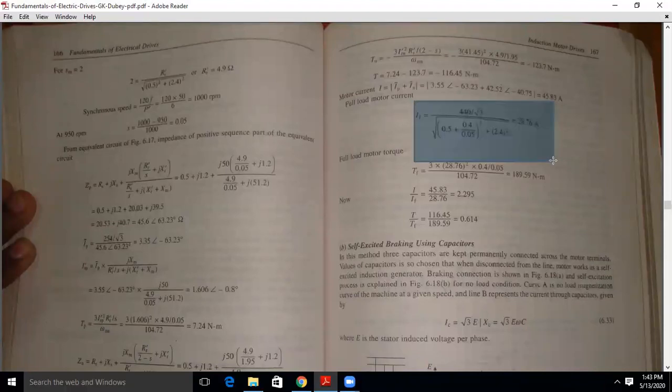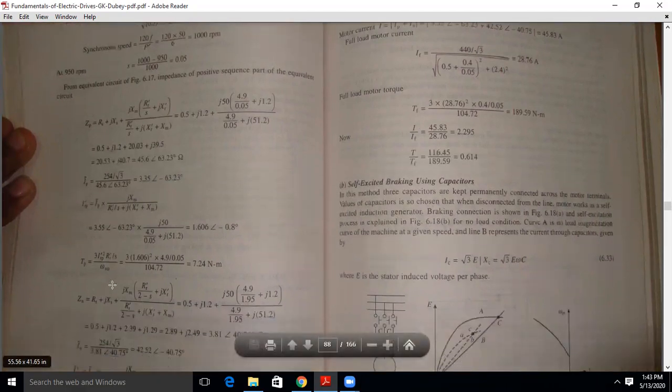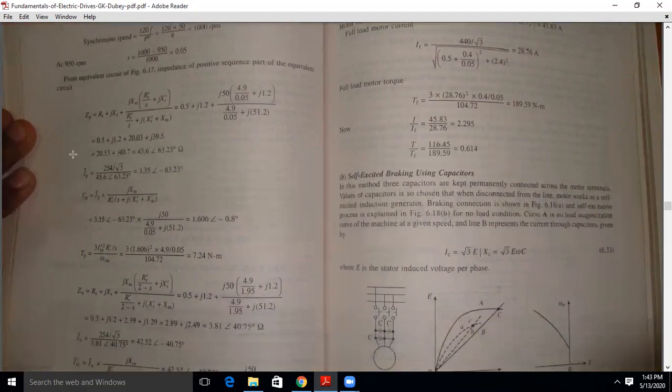Here he has calculated. So before calculating that IF, we need to resolve the components as the positive as well as the negative sequence components. Okay. So again, we need to have that ZP positive sequence impedance, then negative sequence impedance. Again, that current, okay, in the positive sequence, just by taking that, and then we can calculate that TP.